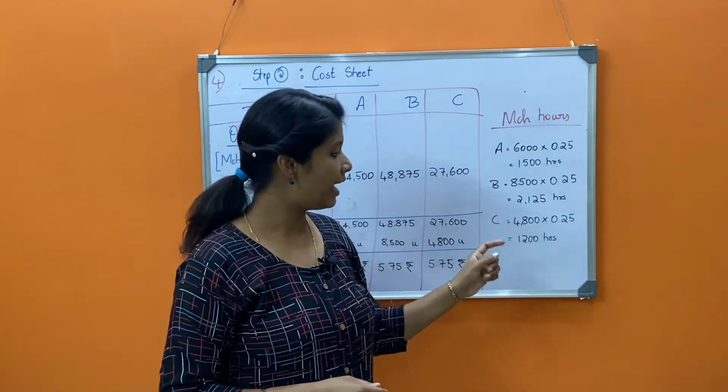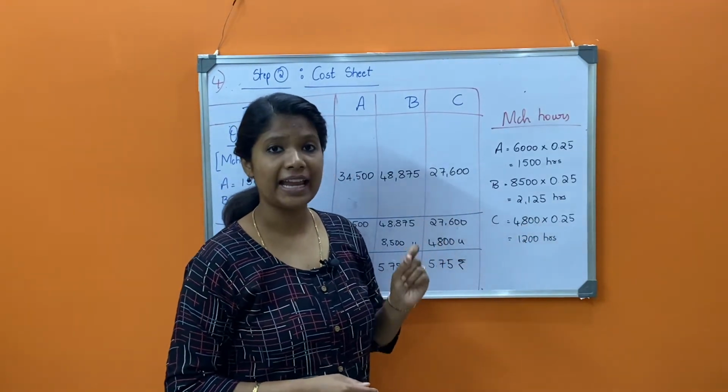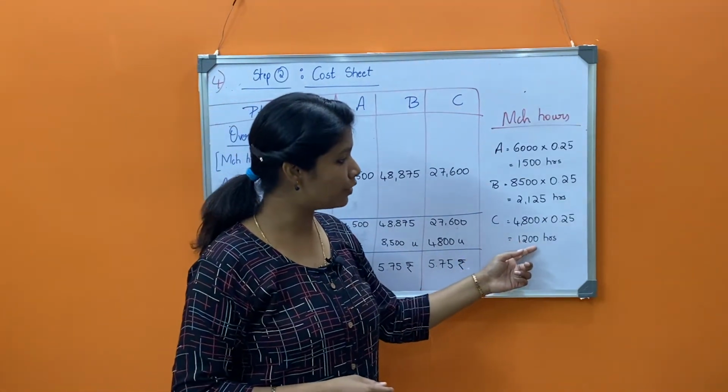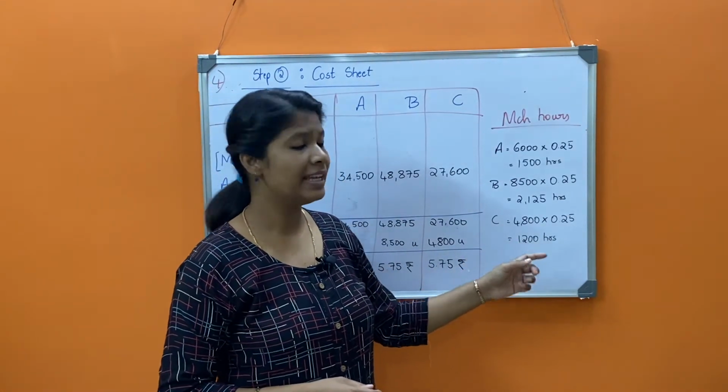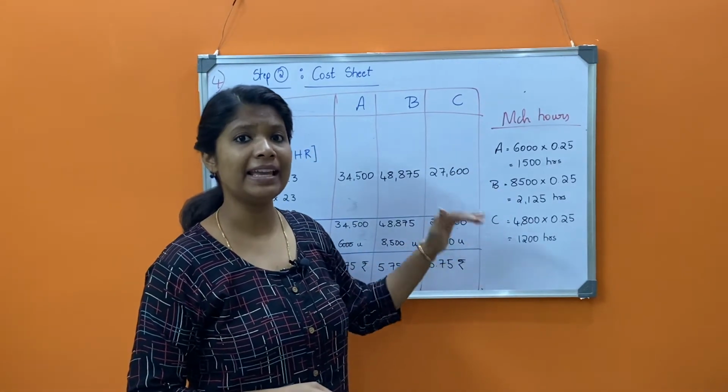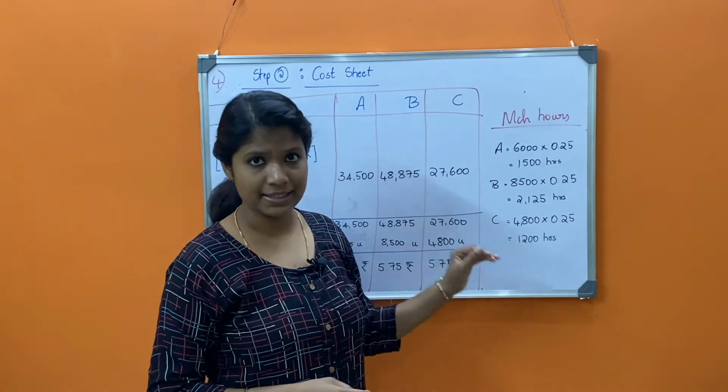And product C, 4,800 units multiplied by 0.25, you get 1,200 hours. Got it? These are the individual machine hours taken by products A, B and C.